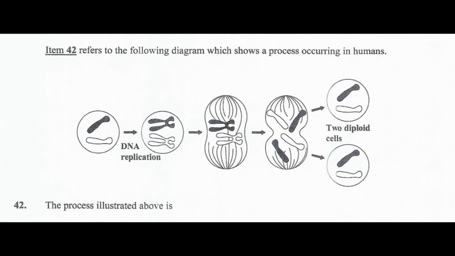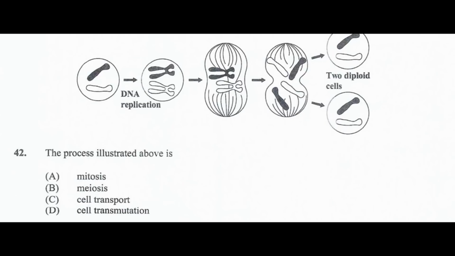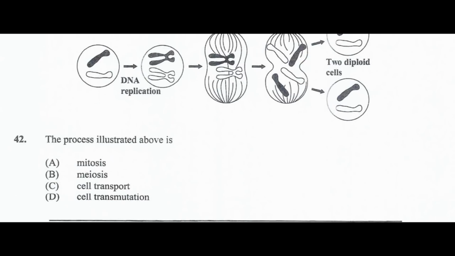Item 42 refers to the following diagram, which shows a process occurring in humans. So the process illustrated above is either mitosis or meiosis, and if you look at it, 2 diploid cells, it's mitosis, but let's just rule out some first. Cell transport and cell transmutation, no. So again, you have a 50% chance of getting this right.